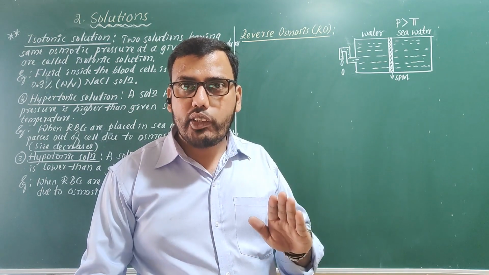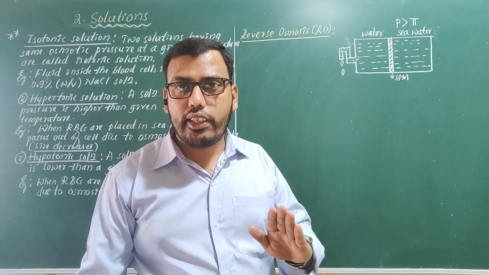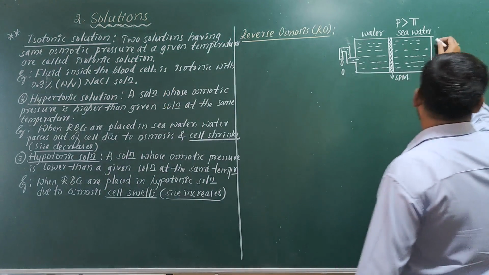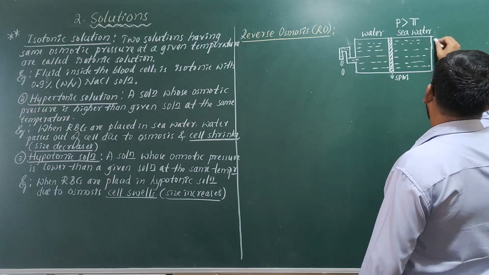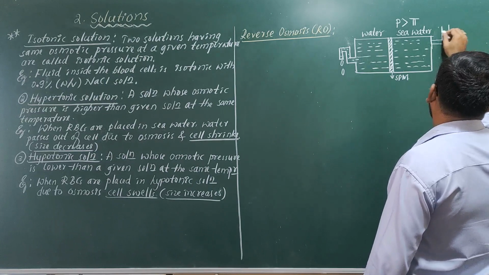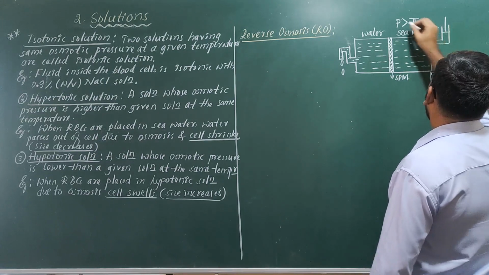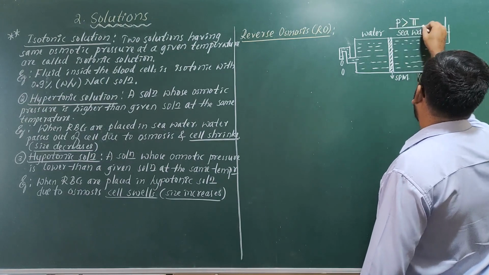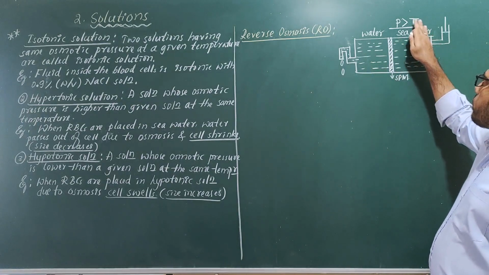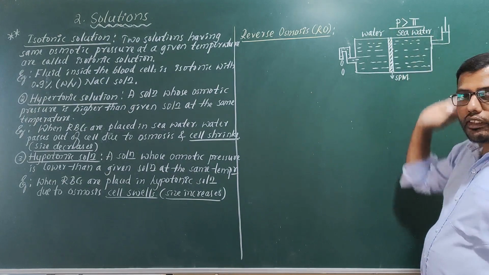It is the external pressure that must be applied on the concentrated solution to stop the osmosis. So here also we are applying some pressure, but this pressure is greater than the osmotic pressure. When we apply this, what happens? Osmosis stops.